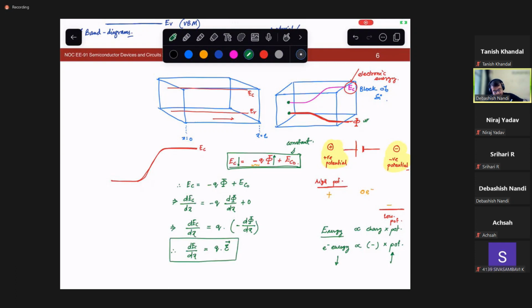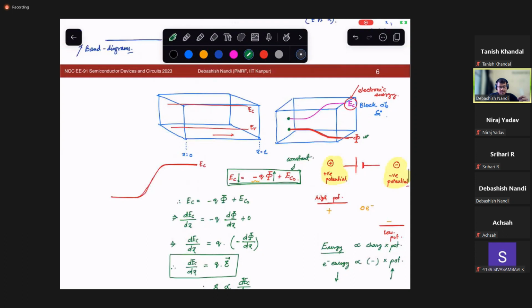So your electric field is proportional to dEc/dx. That means the slope of the conduction band, divided by the electronic charge Q, gives me directly the value of the electric field.